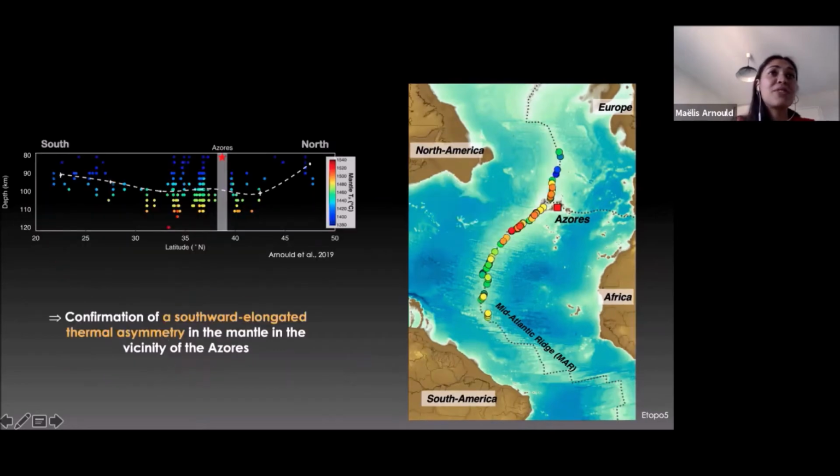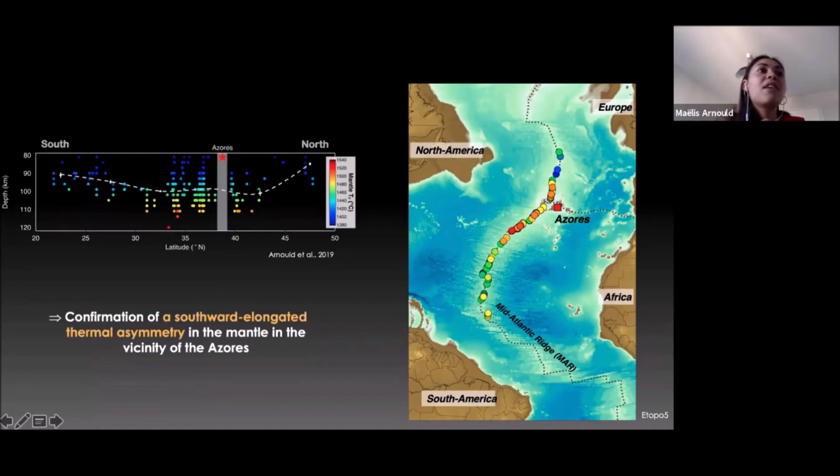So here you can see the results of this method, which are represented on a map here, and on a latitudinal cross-section against depth here. What the color scale of the dots shows is the potential temperature of the mantle below the ridge that we could recover from the PRIMELT method.